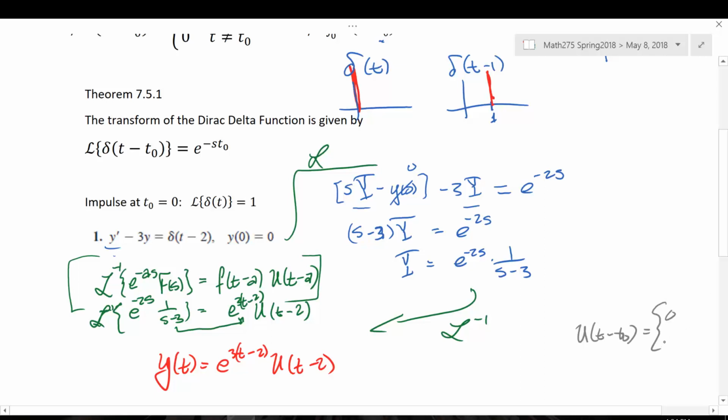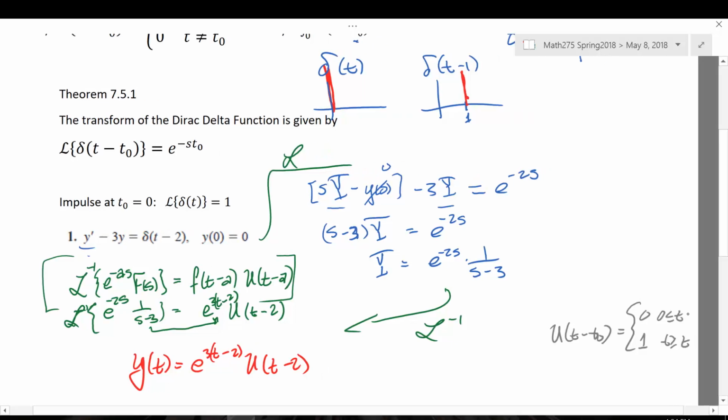Zero and 1. I think we've been only looking at the positive side of things.